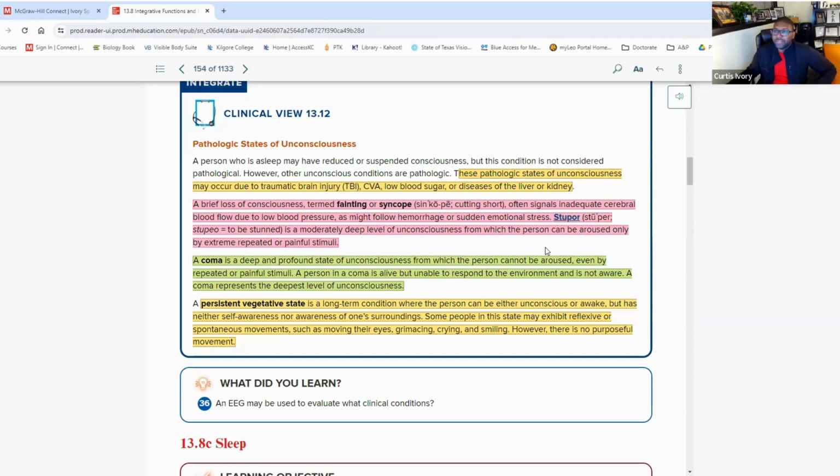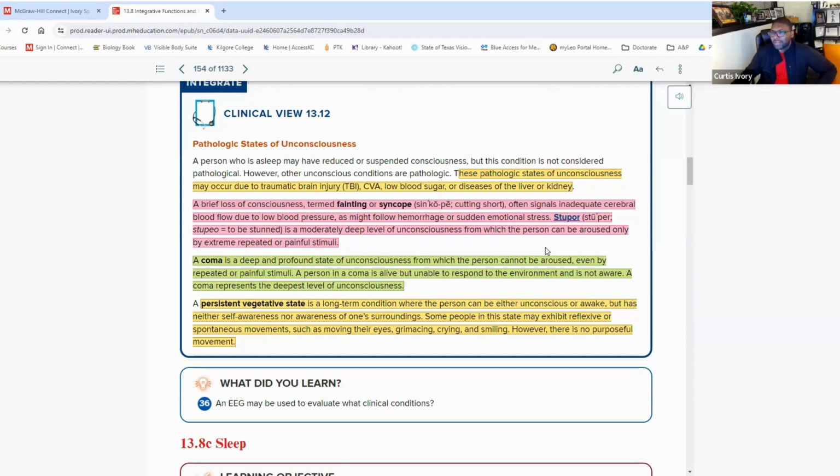You can have what's called a persistent vegetative state. Essentially, this is where we get the term vegetable from, which is not a very nice term. A vegetative state is where the person can be either unconscious or awake, but has no self-awareness or awareness of their surroundings. People in this type of state might have spontaneous movements, or their face could make facial expressions, but that doesn't necessarily mean there is brain activity.